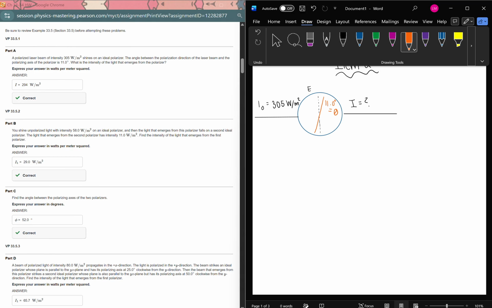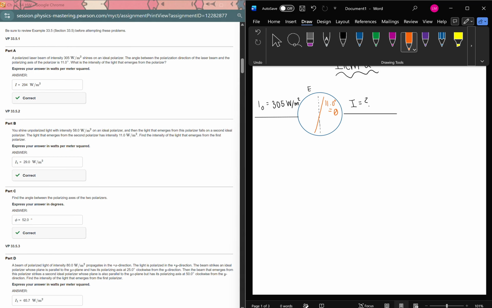So we have the given information right now. Basically the initial intensity, which is 305 watts per meter squared, and the angle between the polarization direction and the polarizer axis, which is 11 degrees. So we know those two. We are asked to find the transmitted intensity.